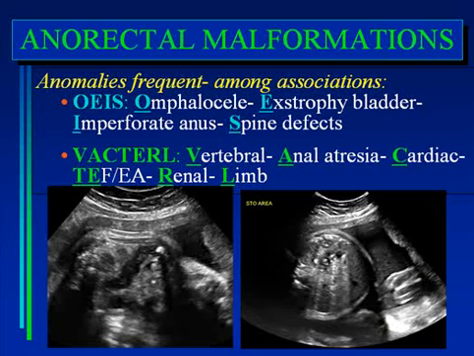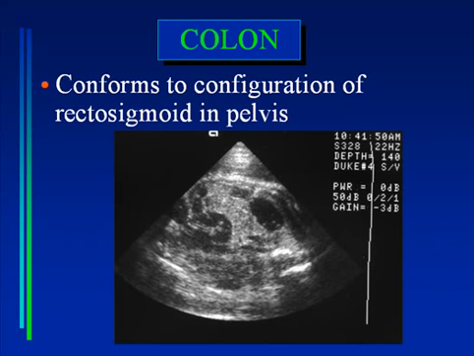The fetus shown here has VACTERL abnormality with dilated loop of colon due to an anorectal malformation with calcifications within the colon, as well as non-visualization of the stomach in its expected location in the left upper quadrant due to esophageal atresia with a tracheoesophageal fistula, and the fetus also had additional abnormalities as well.